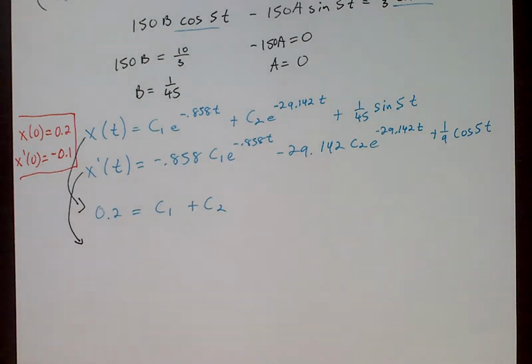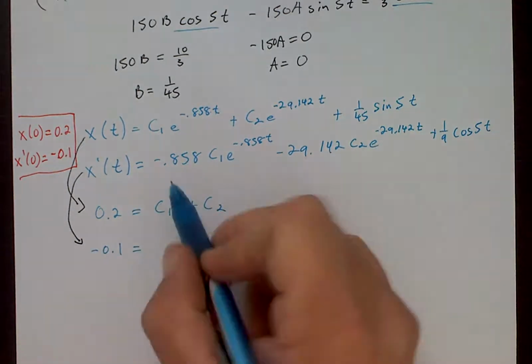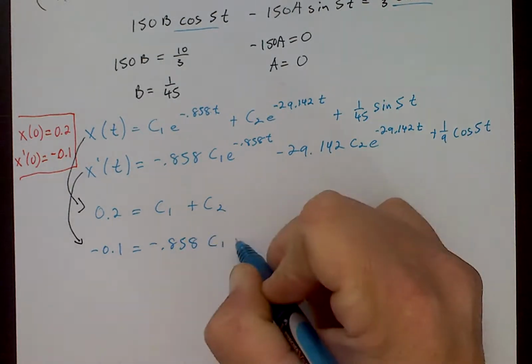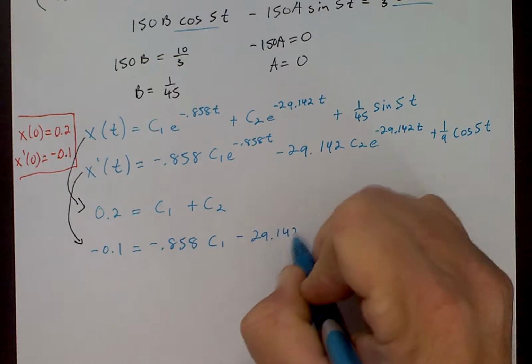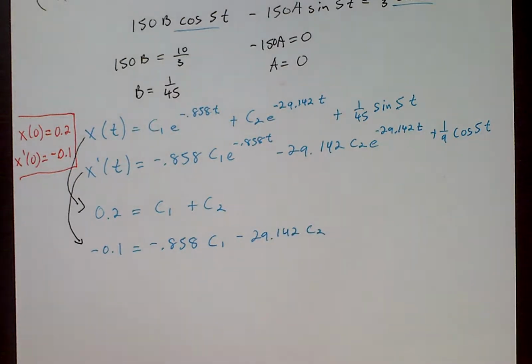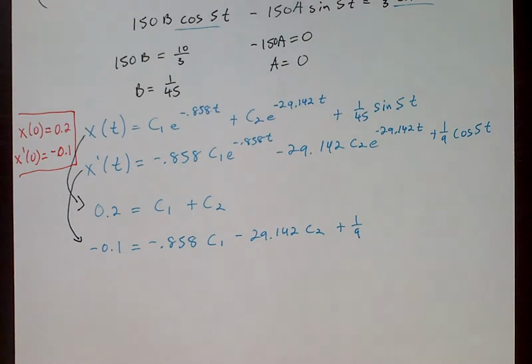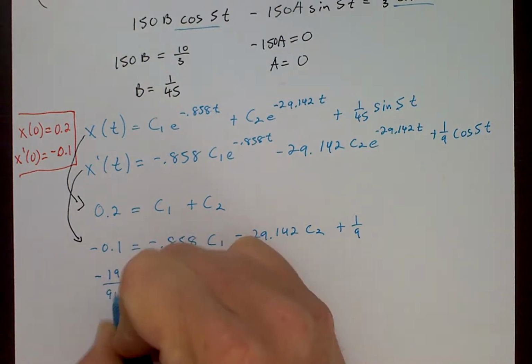The derivative: negative 0.1 equals negative 0.858 C1 minus 29.142 C2 plus 1/9. Cosine of 0 is 1. So we move that 1/9 over, and it ends up being 19/90.